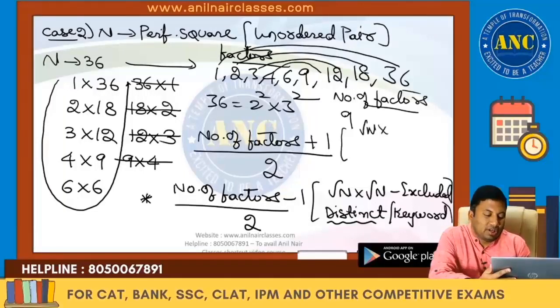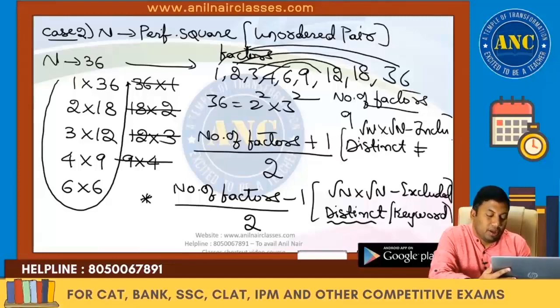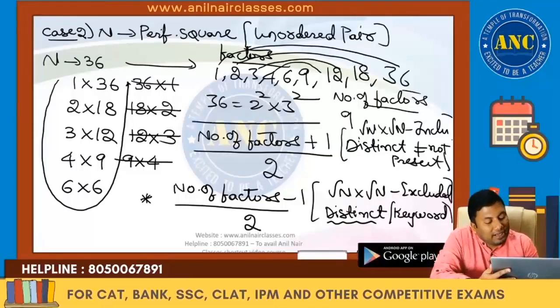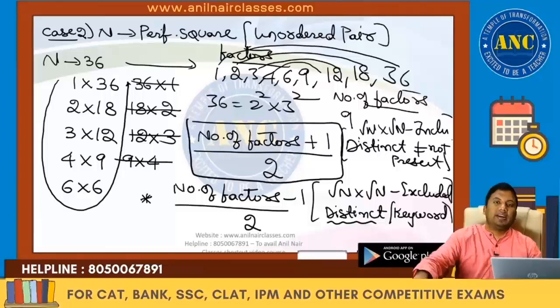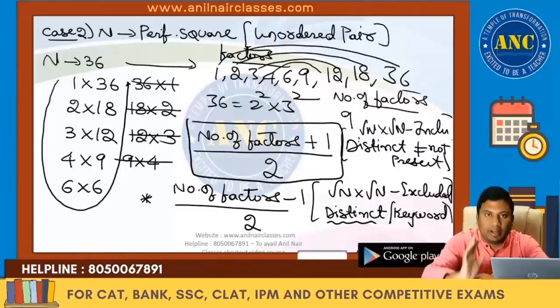If the keyword distinct is not there, we have to include root n into root n. Please understand this subtle difference, otherwise you might lose that calculation and get a different answer. If distinct is not present, use number of factors plus 1 by 2. If distinct is present, use number of factors minus 1 by 2. I hope it is clear.